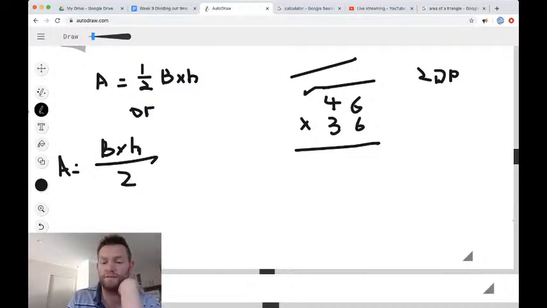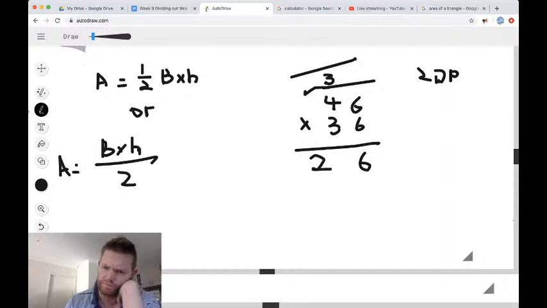I write the 6 here, and I write the 3 up here. Ooh, that almost looks good. Now 6 times 4 is 24, and I have to add the 3. So that's 27.